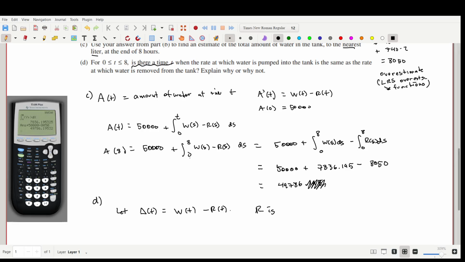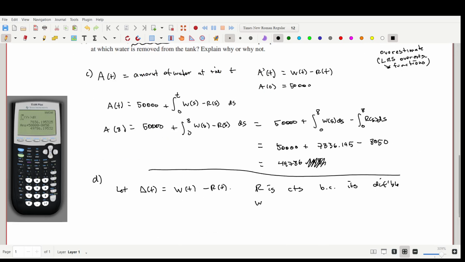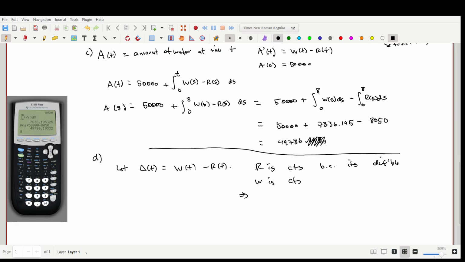R is continuous because it's differentiable. W is continuous. This implies delta is continuous, because delta is a difference of two continuous functions.